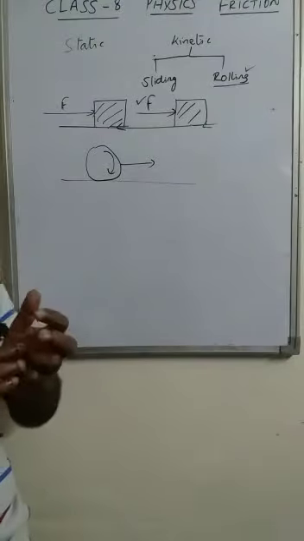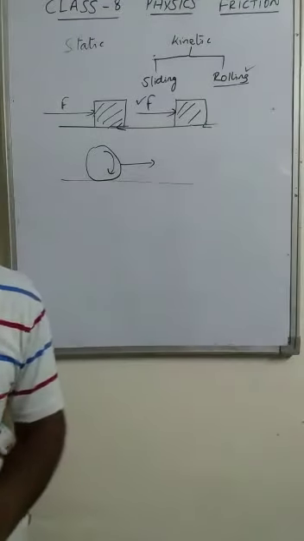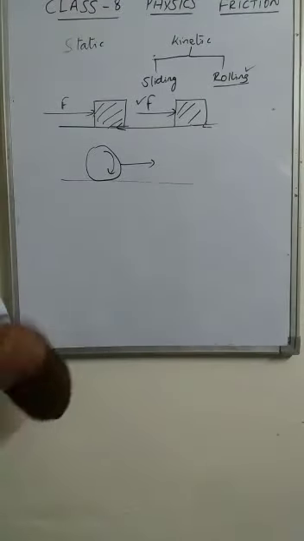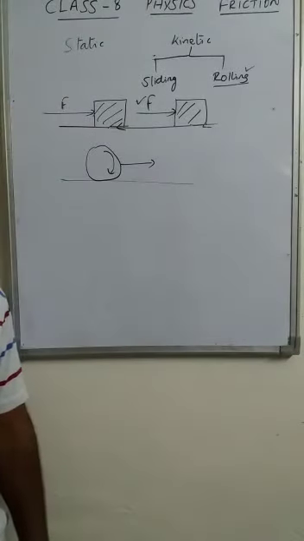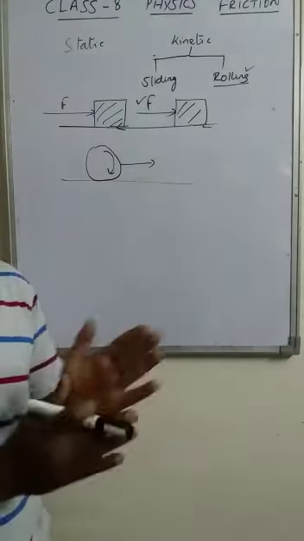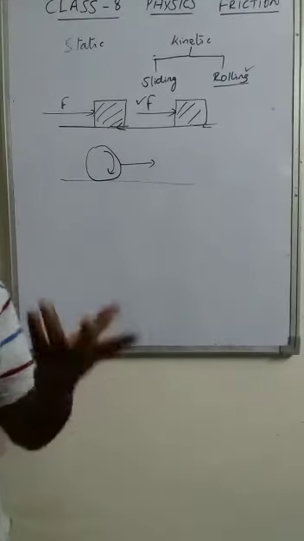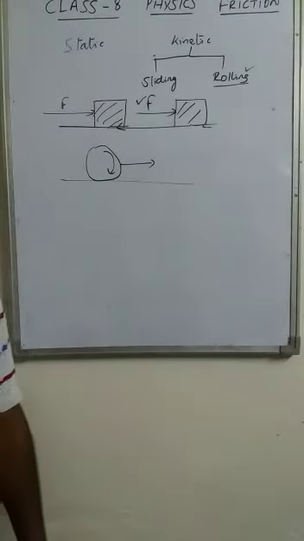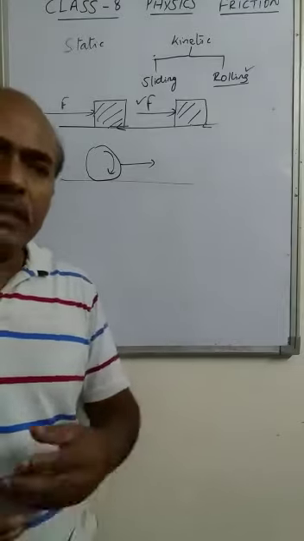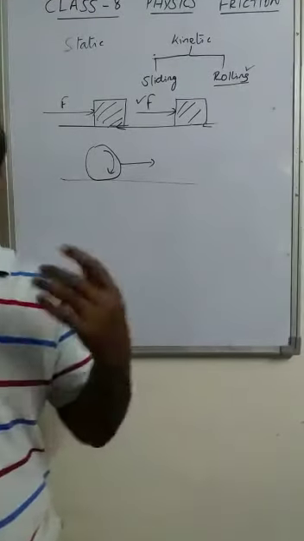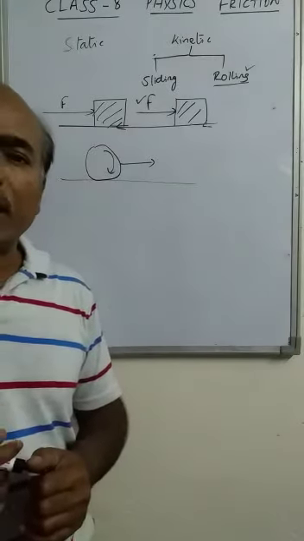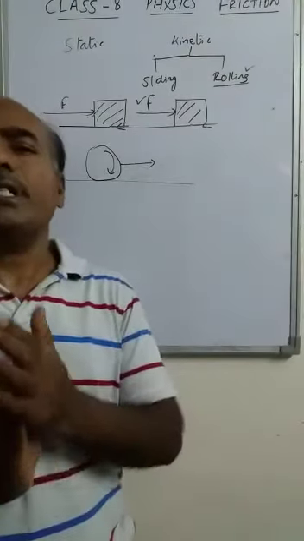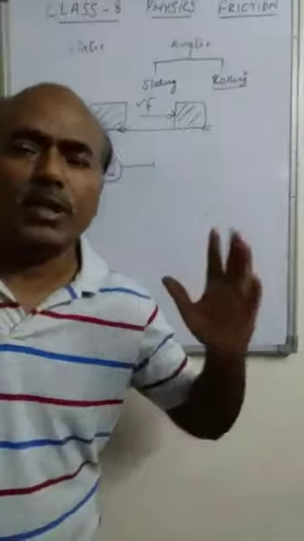These ball bearings are also spherical in shape, and they provide rolling friction, which makes the motion of the wheel smooth and easy. Like this we can list many examples in which minimum force is required in rolling friction.